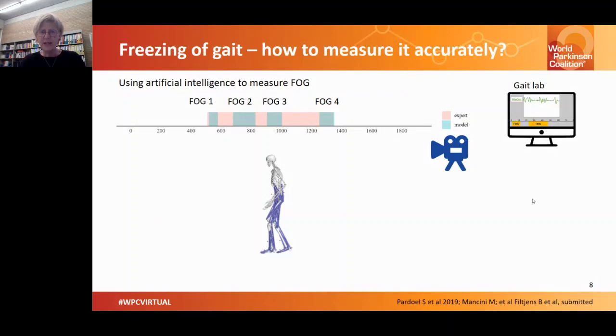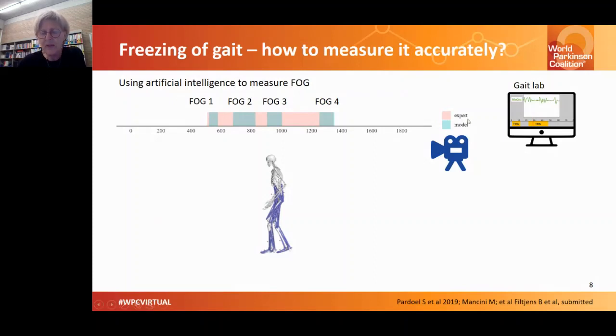We are also developing a method like that in our lab. And here I'm showing some results of a comparison between an artificial intelligence algorithm that we built and used deep learning for, based on gait laboratory signals that we picked up in our three-dimensional gait lab.